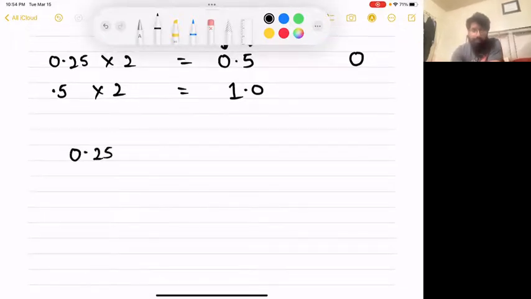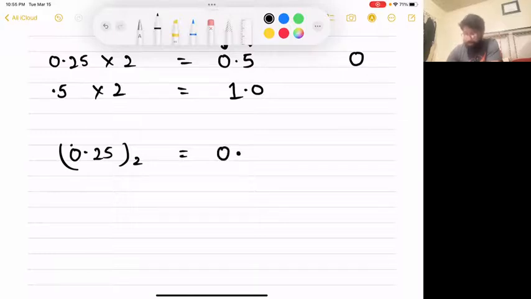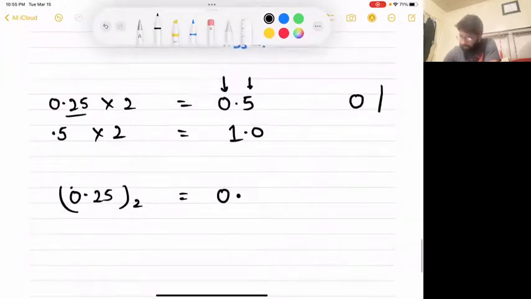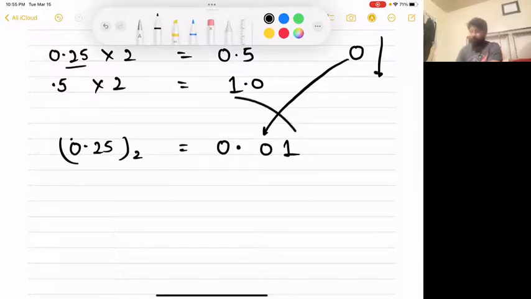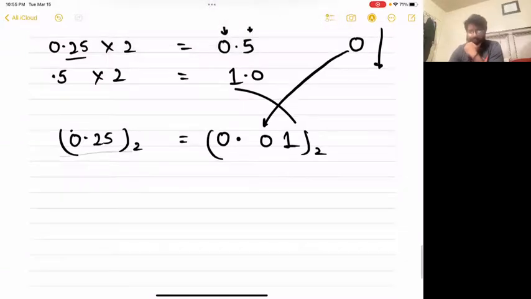That's it. So this means 0.25 in decimal is equal to 0 is 0 in binary. Then we're gonna add a point, and 0.25 is 0 and 1. I got this 0 from here and this 1 from here, if that makes sense. I think that's pretty easy, right? Like there is nothing special I did.